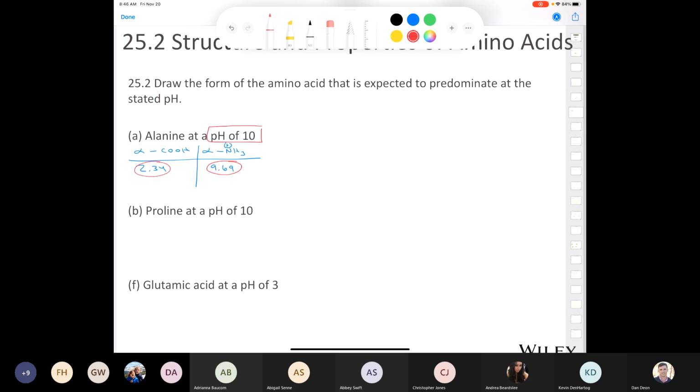And I'm in an environment that's more basic than the pK of my ammonium too, or my protonated amine, and therefore it's mostly going to be deprotonated. So I'm going to draw the bond line structure this time rather than the Fisher projection. So if I draw my alanine molecule, my carboxyl group is mostly going to be deprotonated, and my amine is mostly going to be deprotonated as well. Remember, the alanine just has a CH3, and so this is the form that's going to predominate at that pH.